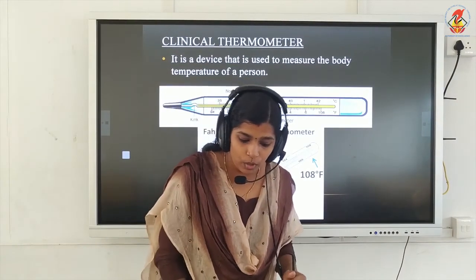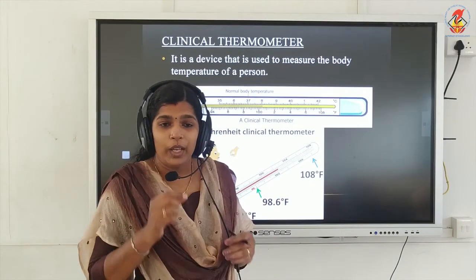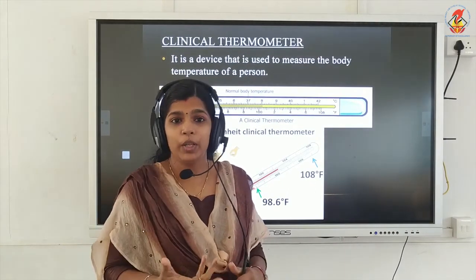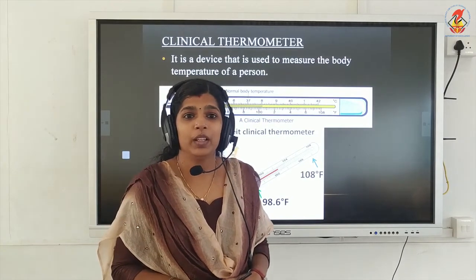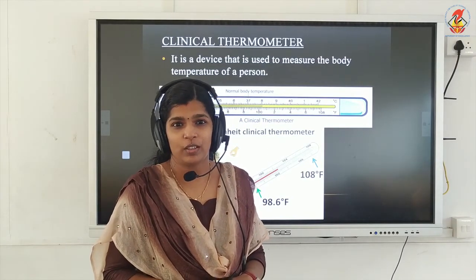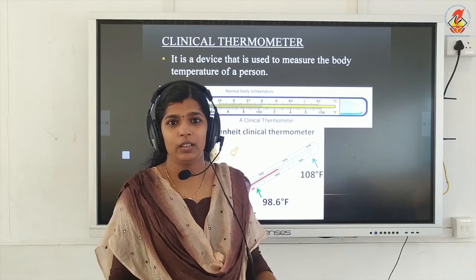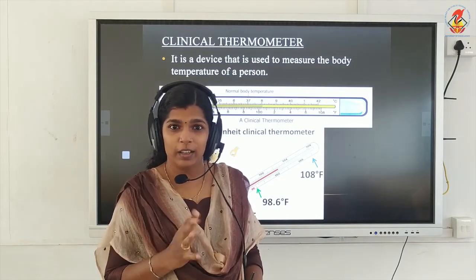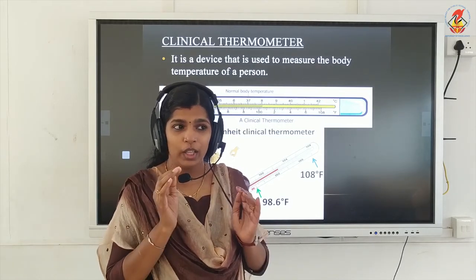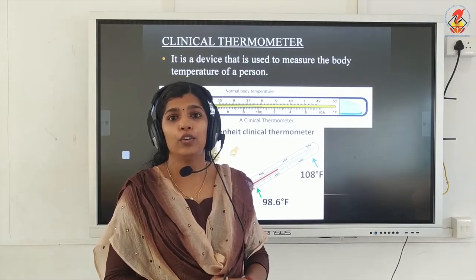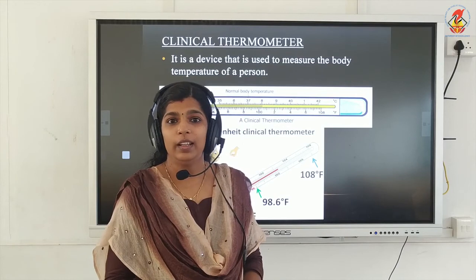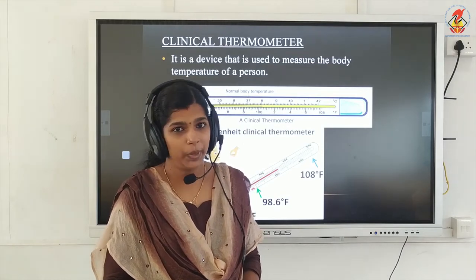So, when you take the thermometer from the human body, normally the temperature will not change. If the kink is not there, then the temperature will decrease. So, the kink is there to prevent the fall of mercury in a clinical thermometer.